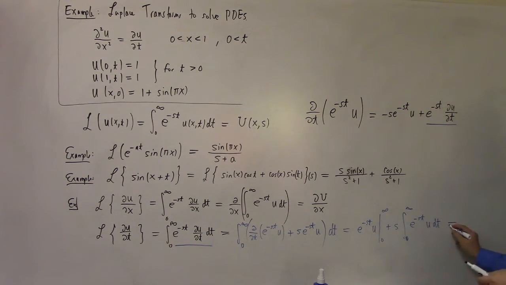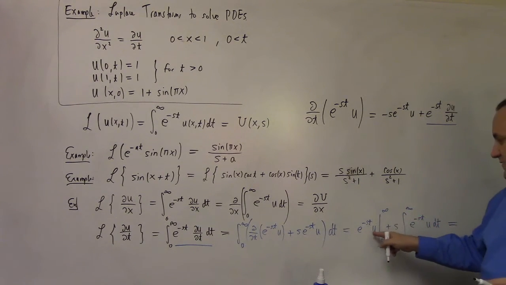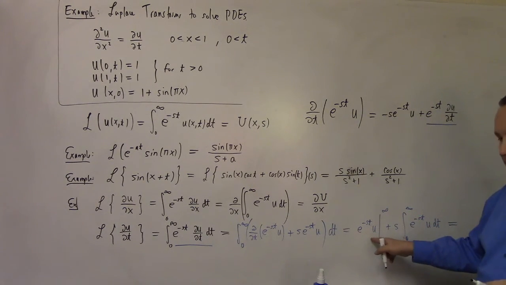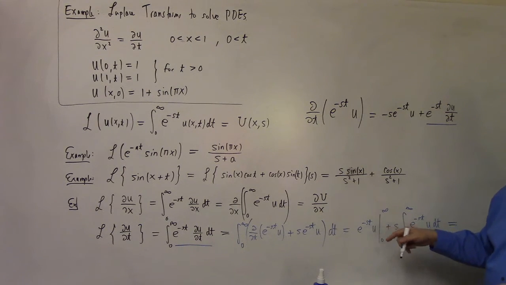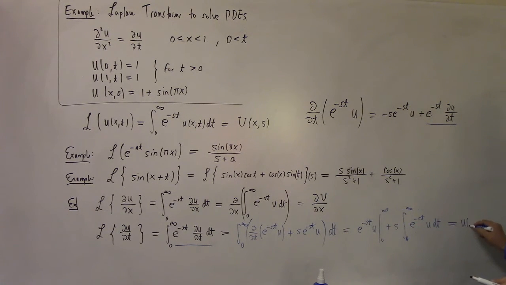Well, assuming that u has exponential order alpha, the infinity term vanishes here. But on the other hand, 0 gives us e to the 0 times u of 0. x is fixed, so that gives me u of x comma 0. And then this gives me plus s times big U of x comma s.